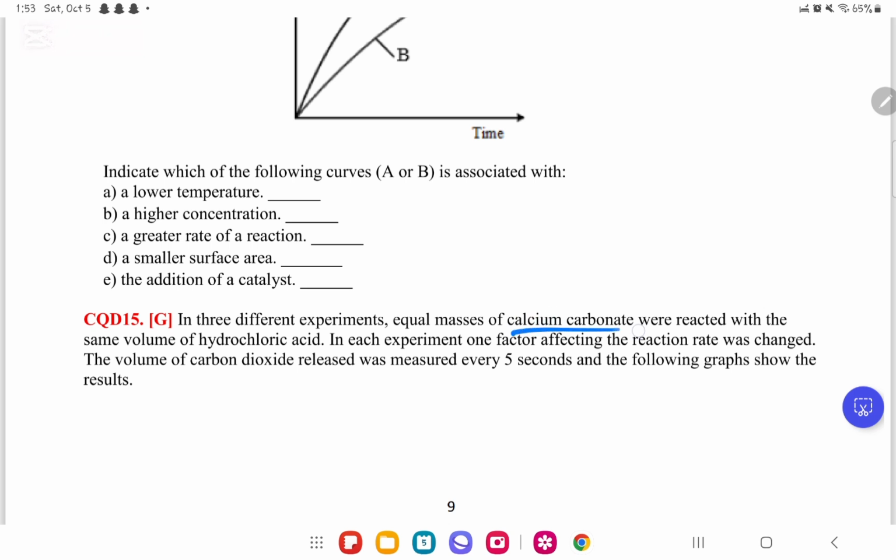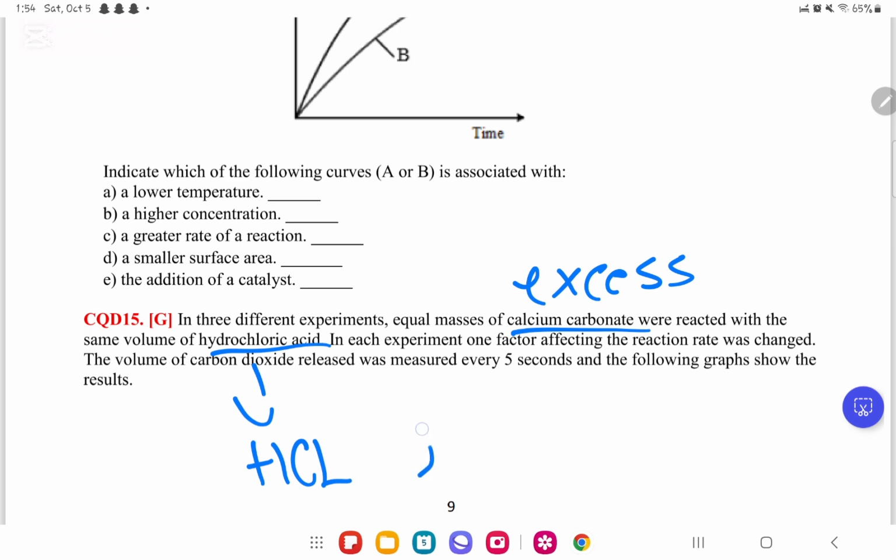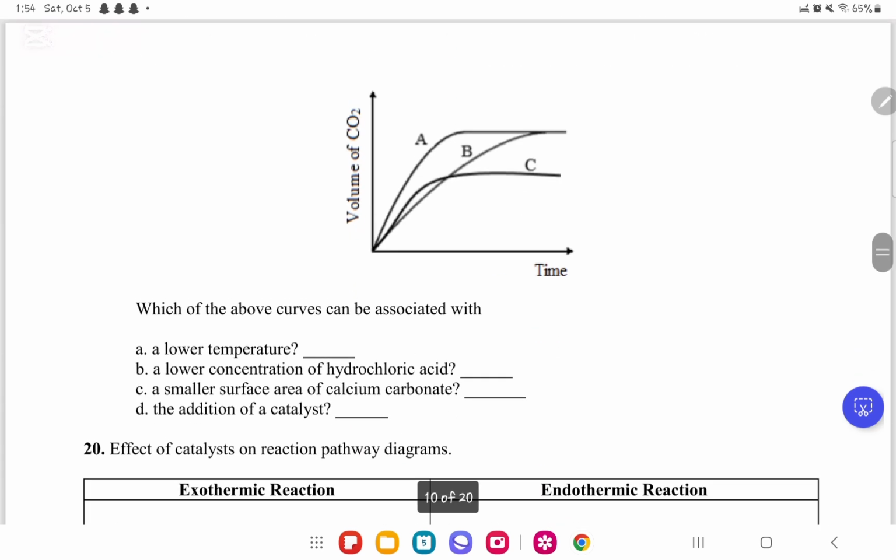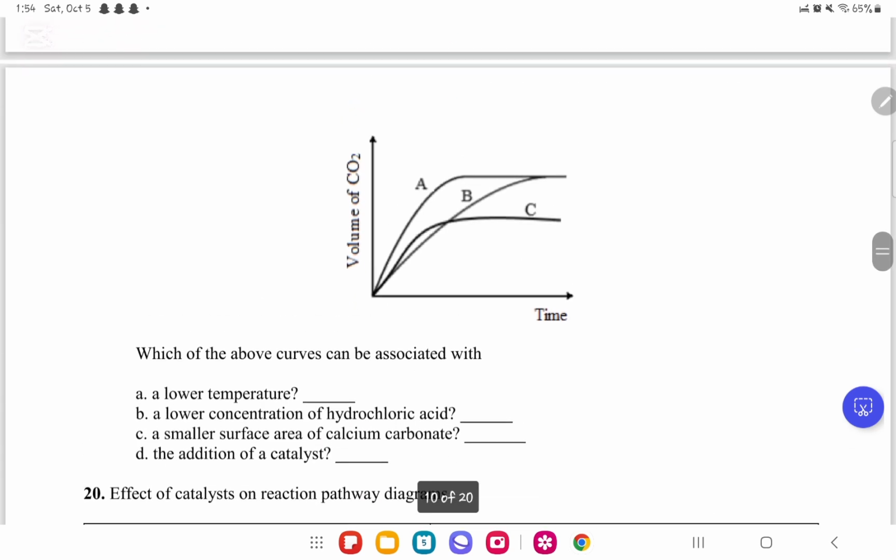So in this case, calcium carbonate is our excess and hydrochloric acid is our limiting. Now, since we know this, we are gonna fill in the blanks. A lower temperature, we said the temperature only affects the slope, all right?